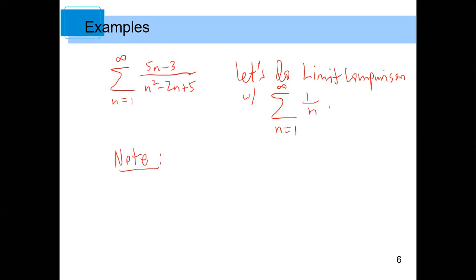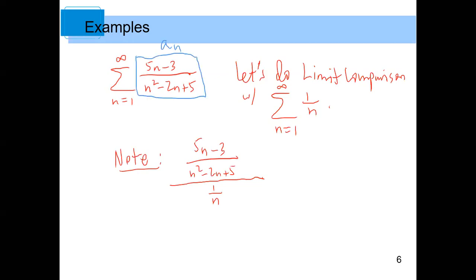What happens if I take 5n minus 3 over n squared minus 2n plus 5, and I divide that thing by 1 over n? Right? They said to take a_n over b_n and compute the limit, yes? Take the limit of a_n over b_n. So right now what I'm doing is I'm thinking of this as being my a_n. Yes, this is a_n. And I'm thinking of this guy right here as being b_n. Okay? So I'm basically taking the ratio of a_n over b_n.